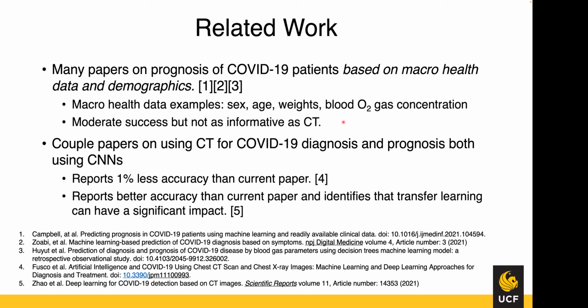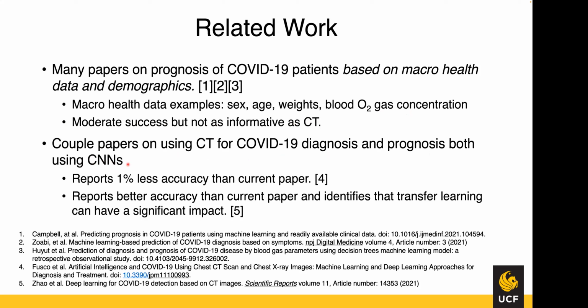There's moderate success, but all of the work using CT images performs much better. There are also a couple of papers similar to this on using CT for COVID diagnosis and prognosis. All of the rest do use typical convolutional neural networks, though.